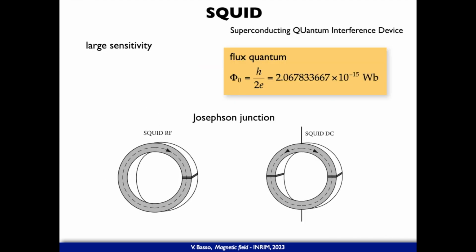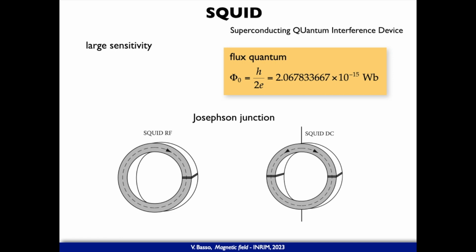One important instrument to measure magnetic flux is, instead of using just a normal coil, using a superconducting coil, and not just a normal one, but for example including in the coil a junction, a Josephson junction. We have many different geometries and many different choices.